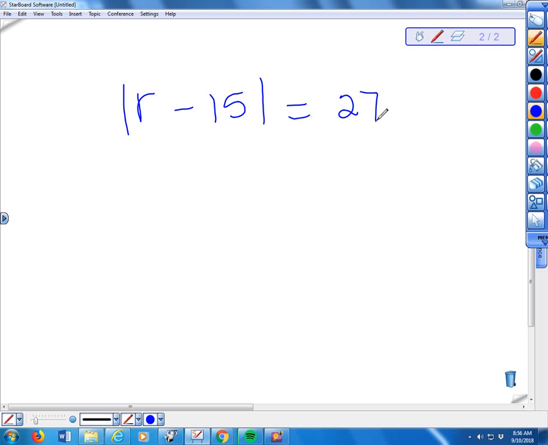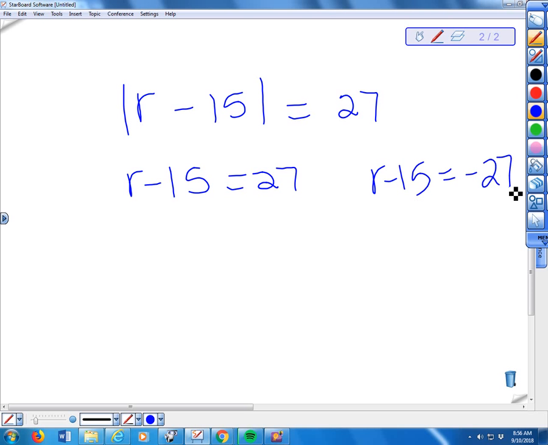The first equation is always what's on the left, or what's in the absolute value signs without the lines, and then I just set it equal to what's on the right. The second is always what's on the left, but I set it equal to what? The opposite. And then I just solve these normally.